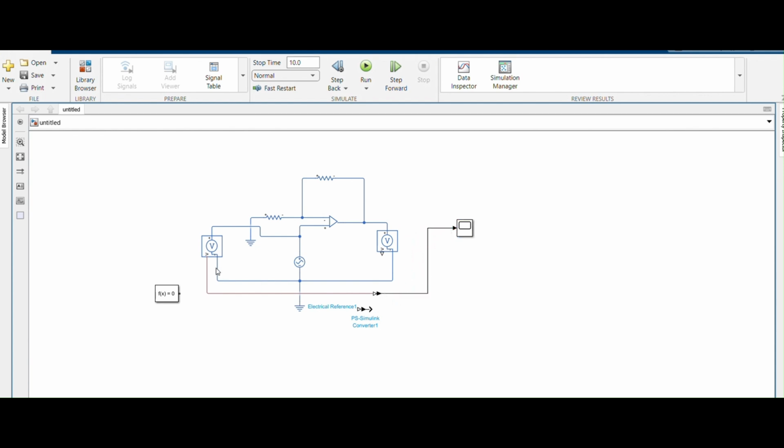It is connected with the scope. Then it is connected with the second converter, the output of the voltage, and it will be connected with the scope to see the waveform.